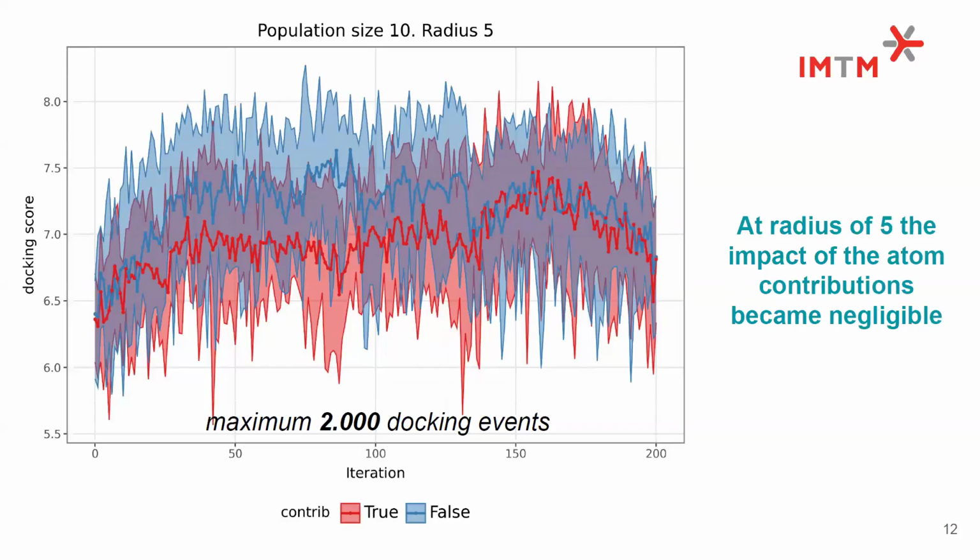In this case, we can see that the impact of atom contribution is negligible. Maybe because our chemical space became much smaller, since we generate far fewer molecules, so it doesn't matter by which method we are doing it.